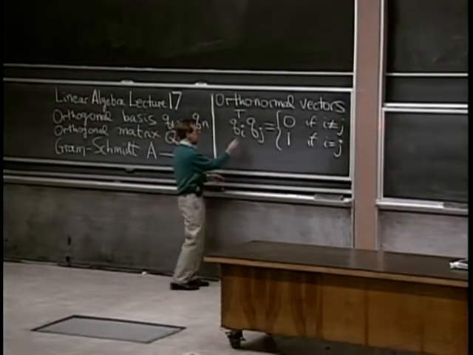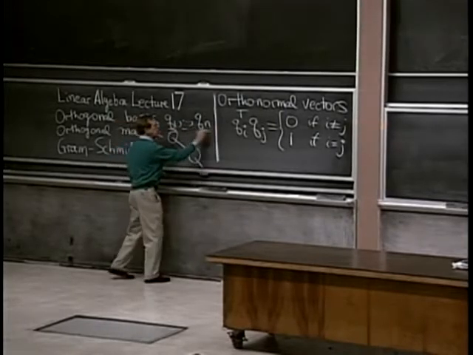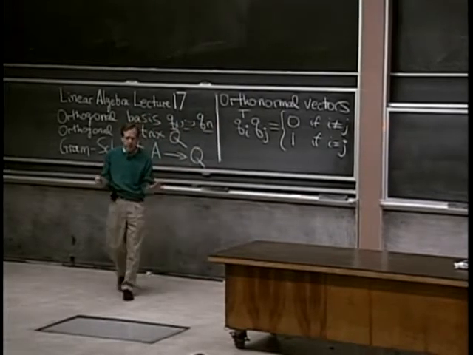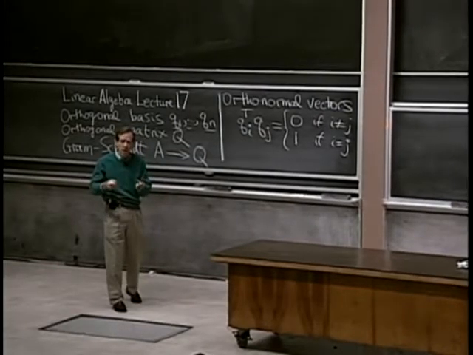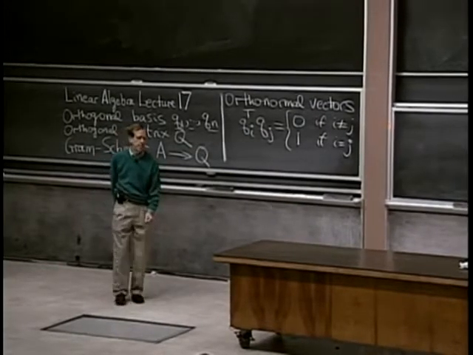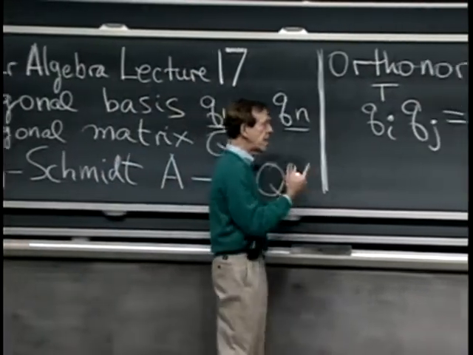Orthogonal is, so my vectors are Q1, Q2, up to Qn. Can I use the letter Q here to remind me I'm talking about orthogonal things? Not just any vectors, but orthogonal ones. So what does that mean?